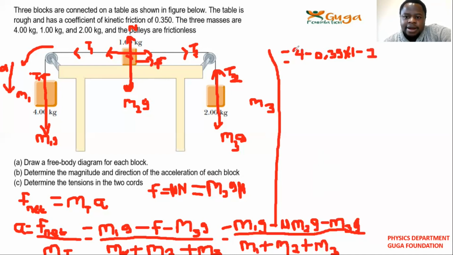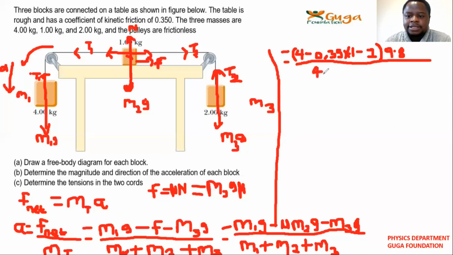And then all of this you multiply by G, which is 9.8, right? All over M1, which is 4, plus M2, which is 1, plus M3, which is 2.